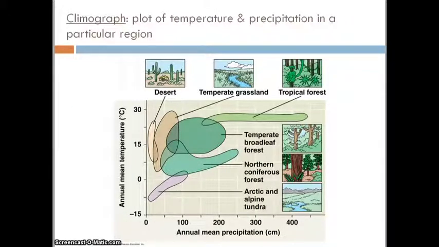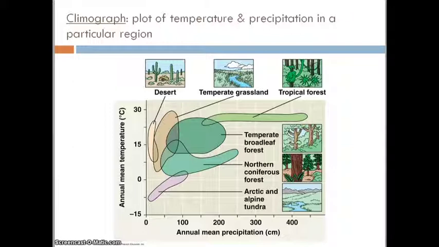Climograph. This is a graph where the vertical side is the temperature and the horizontal side is the annual average rainfall amount.